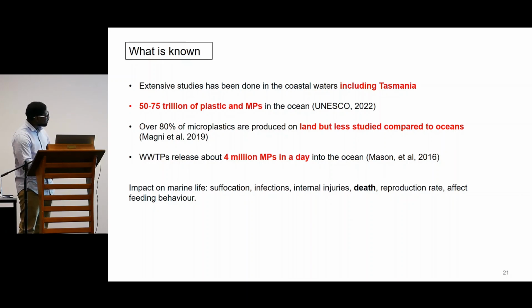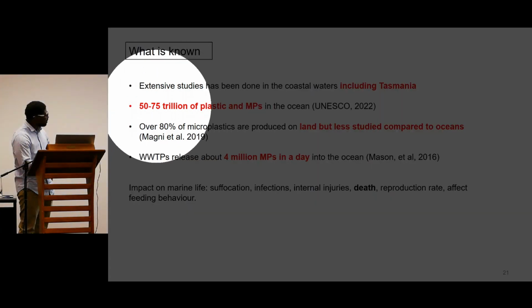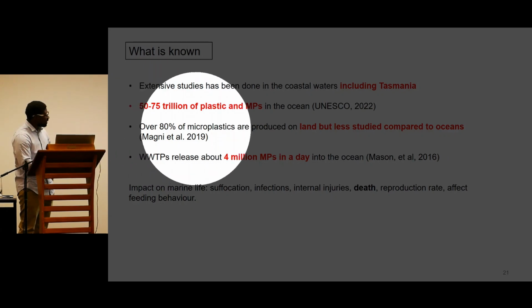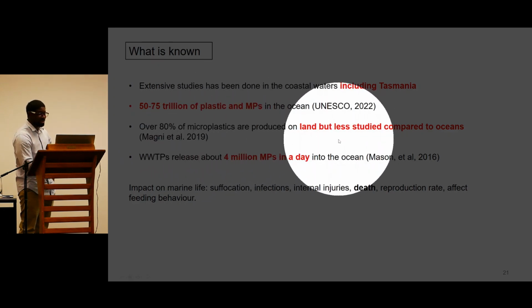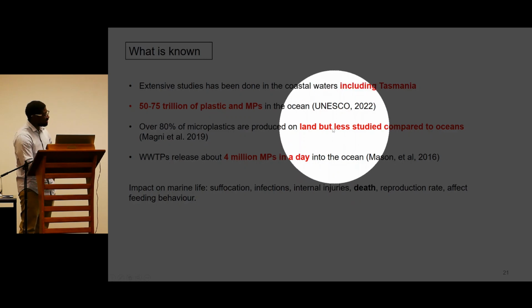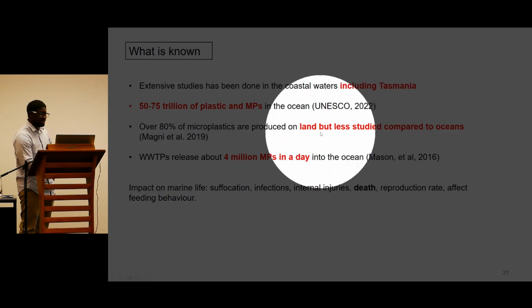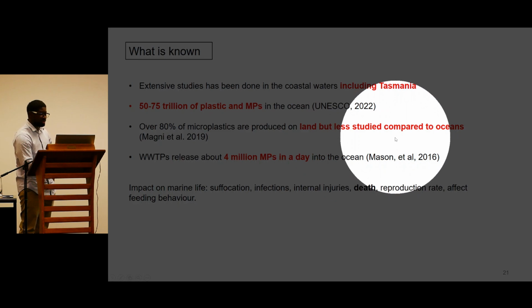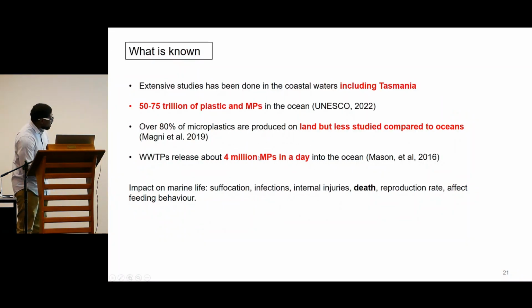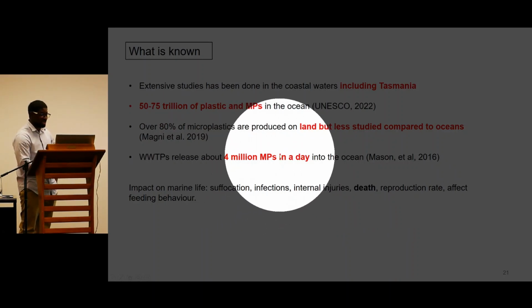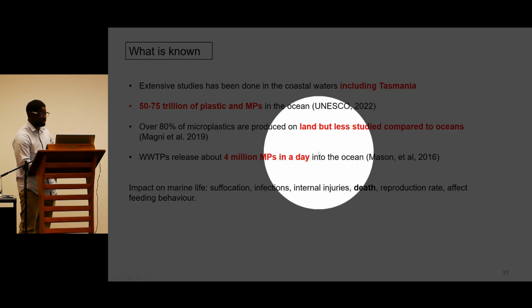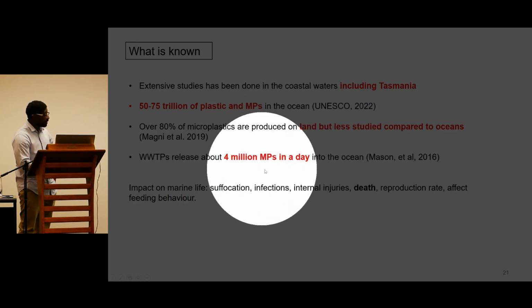And the interesting thing about this number is that 80% of the microplastics actually comes from land. Yet there are fewer studies in terms of understanding the microplastics on land compared to the ocean. Wastewater treatment plants release 4 million particles per day into the ocean. That is a lot. This is per day.